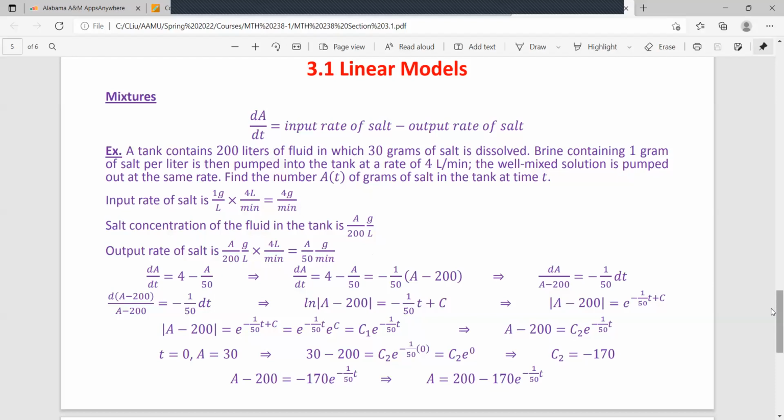This is usually true when you try to solve a real world problem. The mathematics may not be very difficult, but to set up the equation itself takes a little time. Okay, no question, then we just go to the next page.